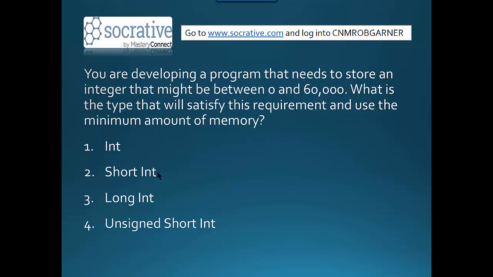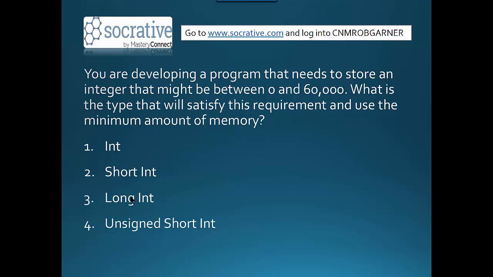Well, an int might work. This is only storing integer values, possibly a short int or a long int. Of course, we know that an int and a long int are the same thing, or an unsigned short int. Well, it only needs to store between 0 and 60,000, and it doesn't need a negative number.